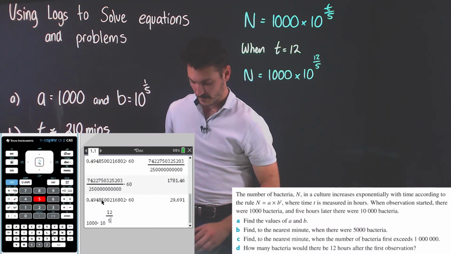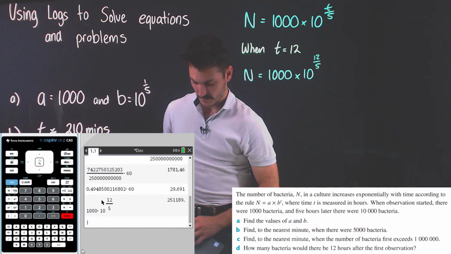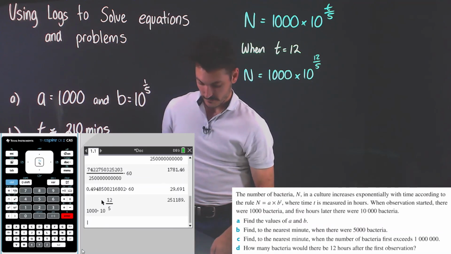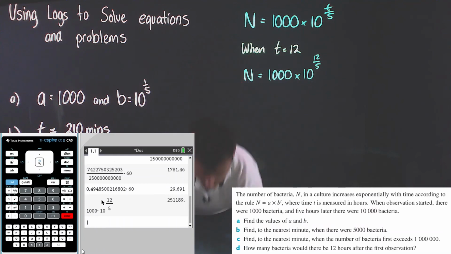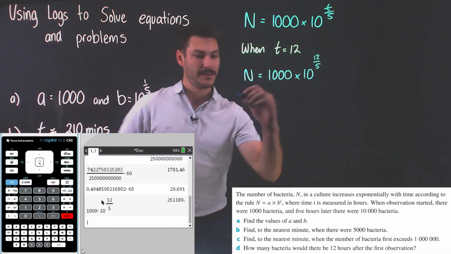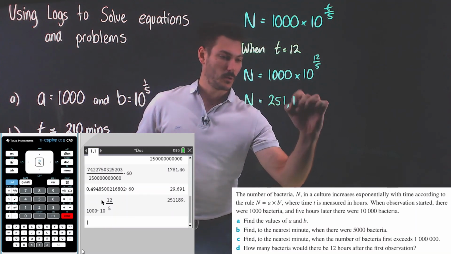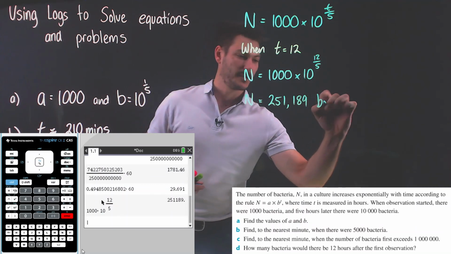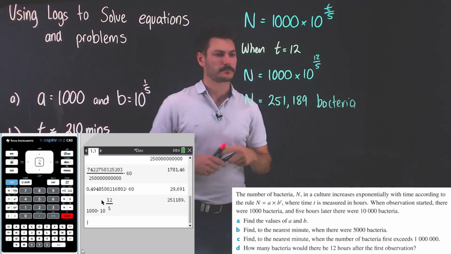I'm going to go control equals for an approximation, 251,189, exactly. So n after 12 hours will be 251,189 bacteria in the population after 12 hours.